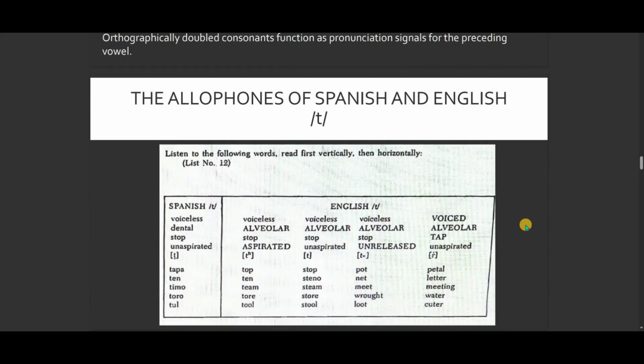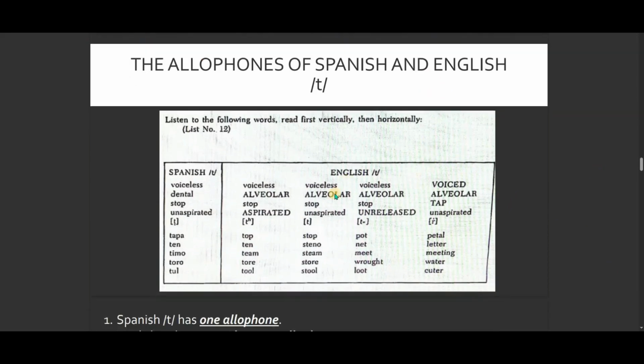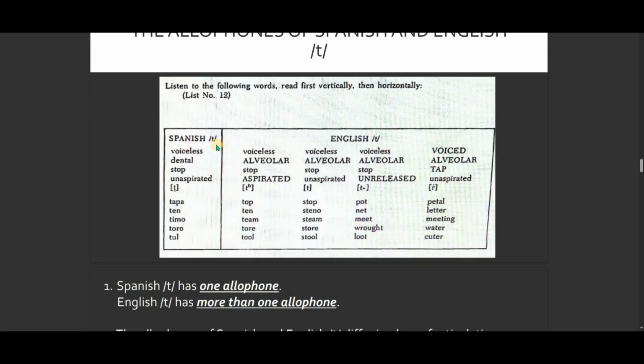Okay, then we have the allophones for Spanish and English T, which is almost the same as the P sound. Alright, so we have the Spanish T, which is a voiceless dental stop unaspirated. Right here, if you notice, we have a couple of differences between Spanish and English features.